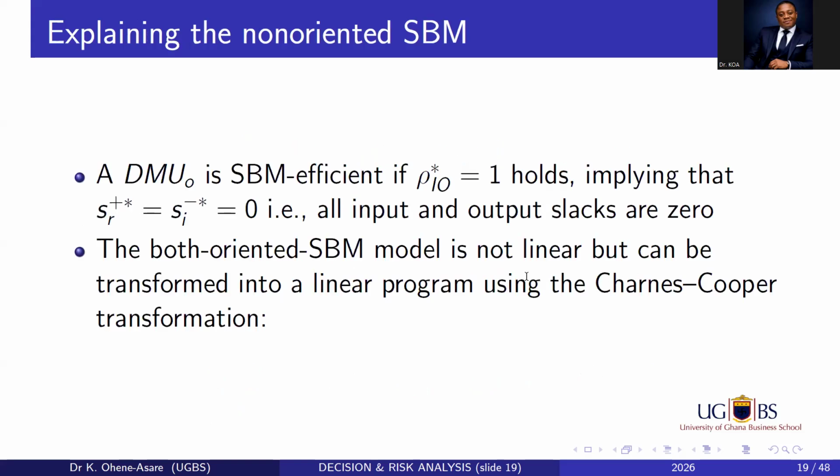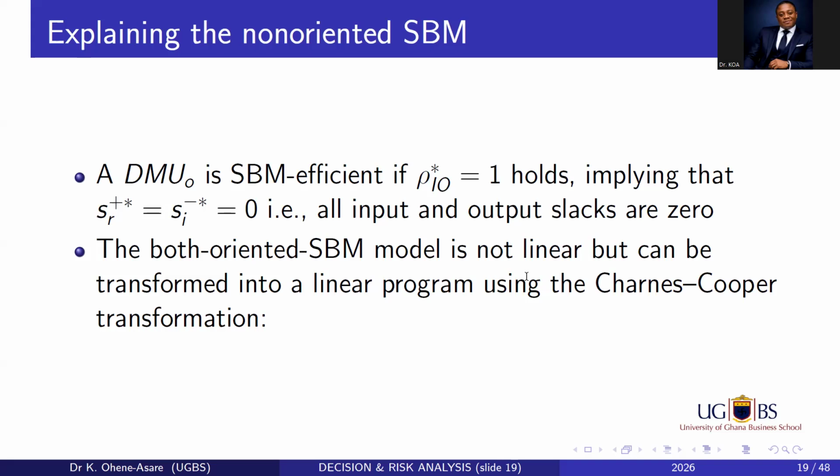Of course, if you want to explain it, the non-oriented SBM implies that the slacks are 0. Both the oriented and the non-oriented are not linear. Whether it's oriented or non-oriented, they are all ratios.